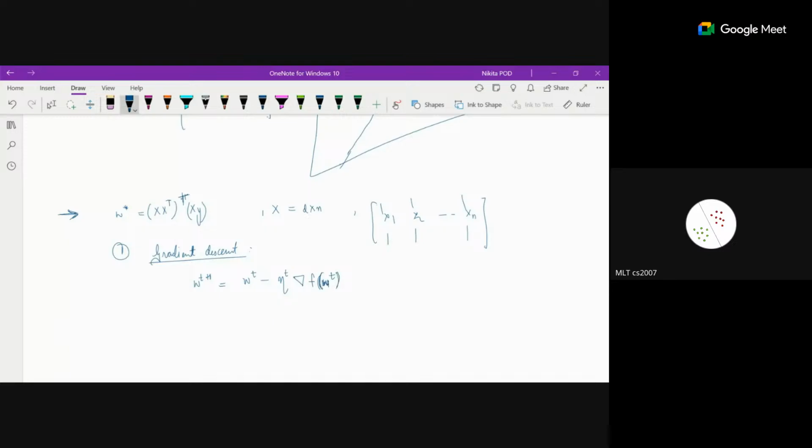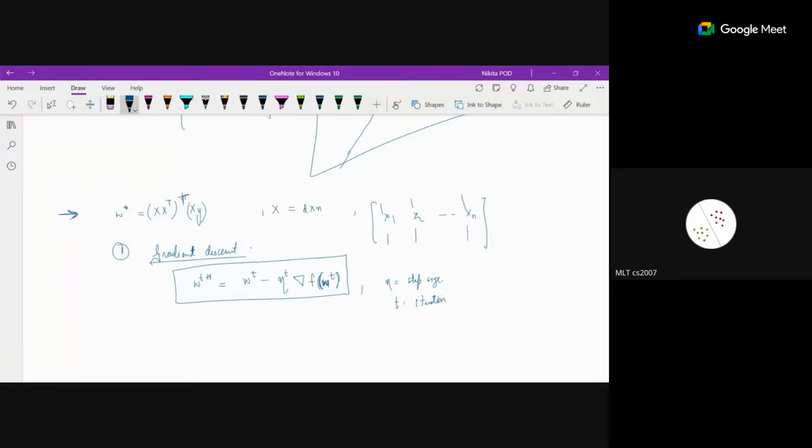This is the update rule that we had seen, where eta was the step size, and this T basically indicates the iteration. So you start with some W and then you keep updating your WT plus 1 using this rule until it converges.